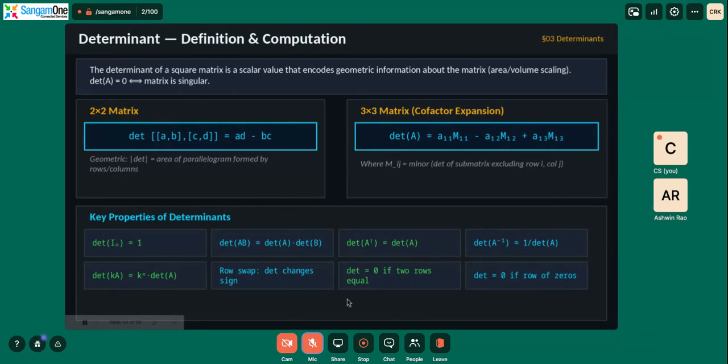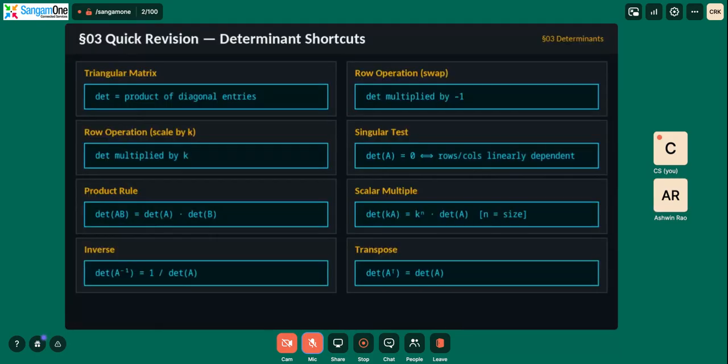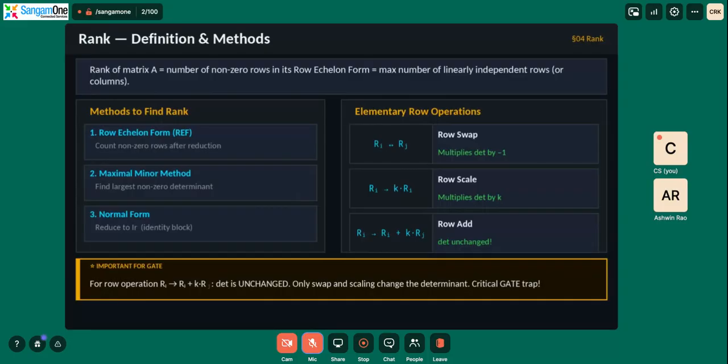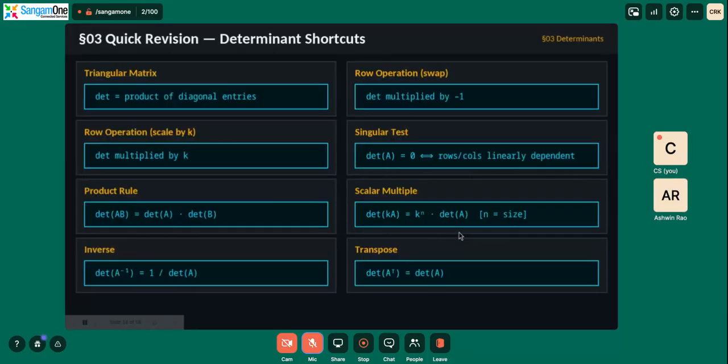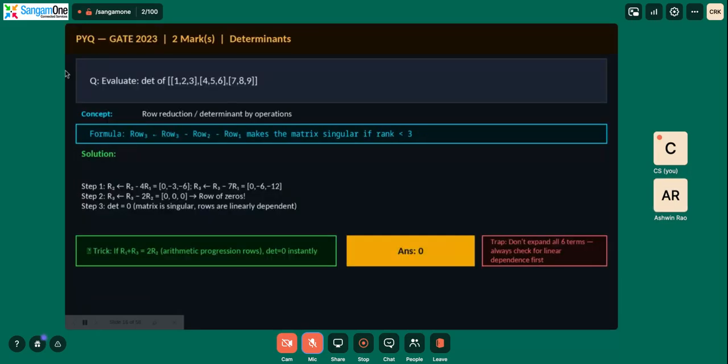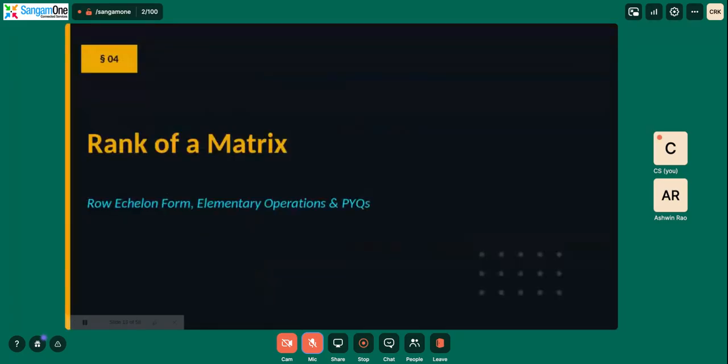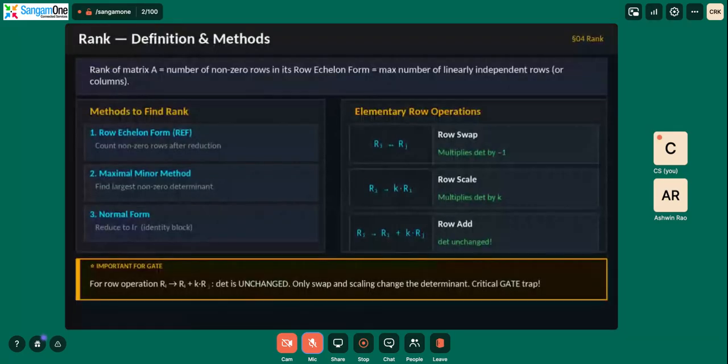That's why rows and columns are given the same rank. These are the elementary row operations, as seen here for solving the determinant value. The methods to find rank are row echelon form, maximal minor method, and normal form.